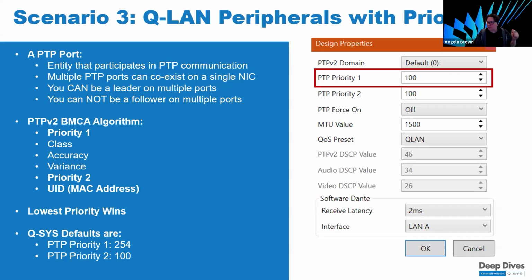And I'm going to hold because we have a question. Does this algorithm run separately on each device? It actually runs on the network. It's actual network traffic. So those clocking messages that are going back and forth, it's that announce message. The announce message goes out and everybody gets it and they sort of say, okay, that's a better clock than I am, or it's not as good a clock, I'm going to continue being the clock leader.